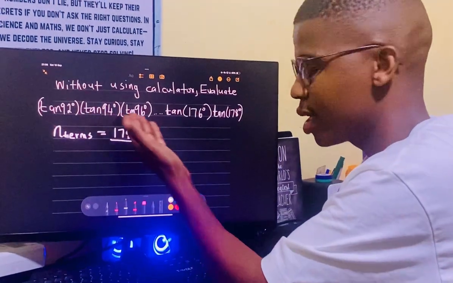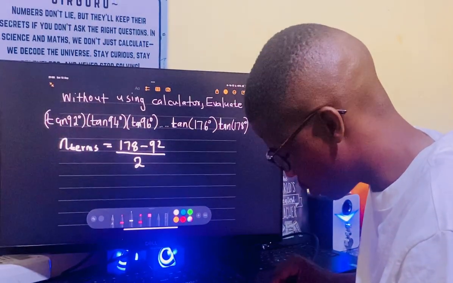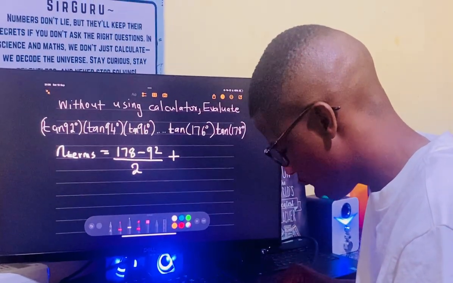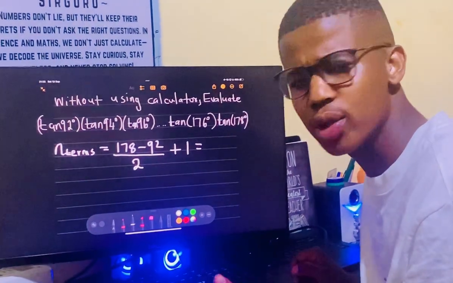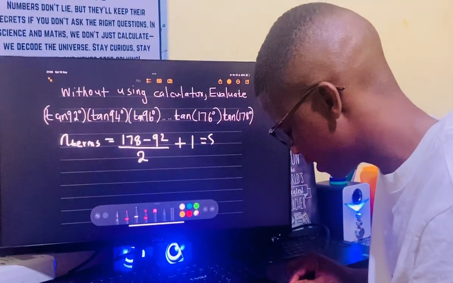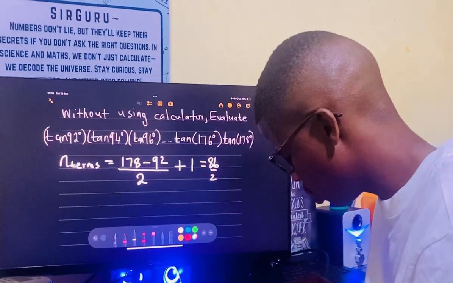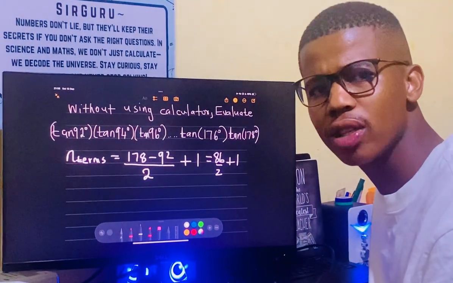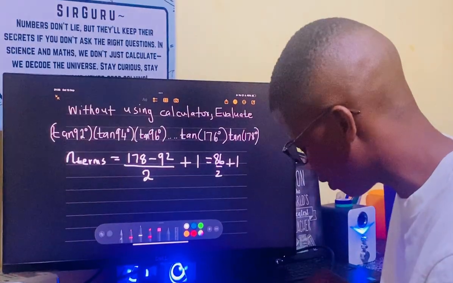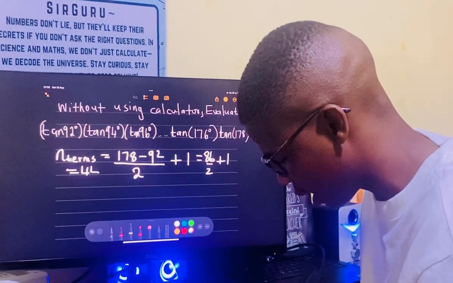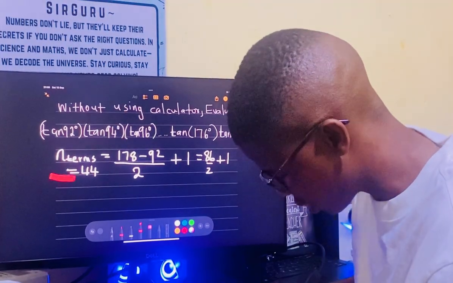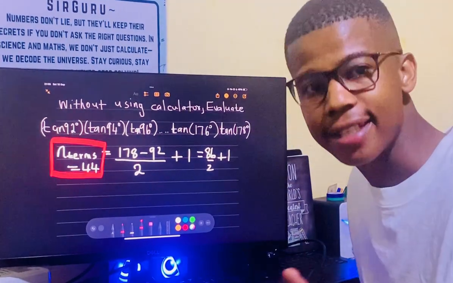Remember, we add 2 always, right? So divided by 2 plus 1. 178 minus 92 is 86. Over 2 plus 1. 86 over 2 is 43, plus 1 is 44. So which means we have 44 terms in total. I'm going to box it because we might need this in future.